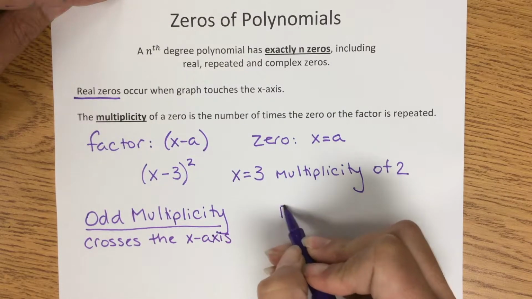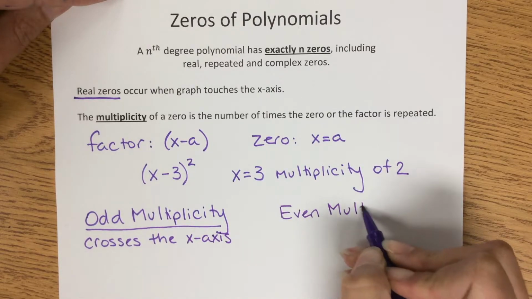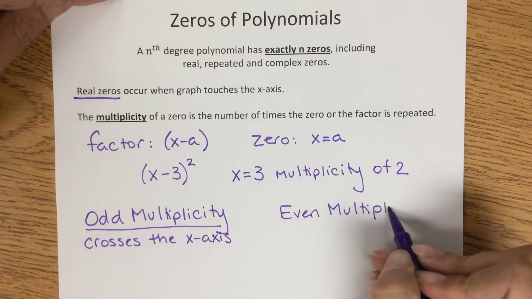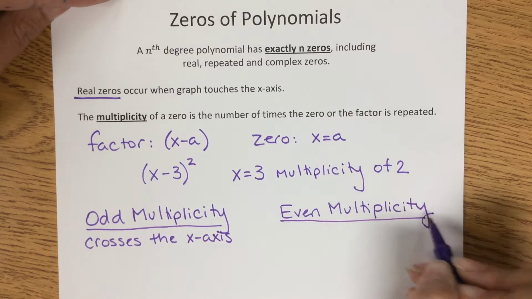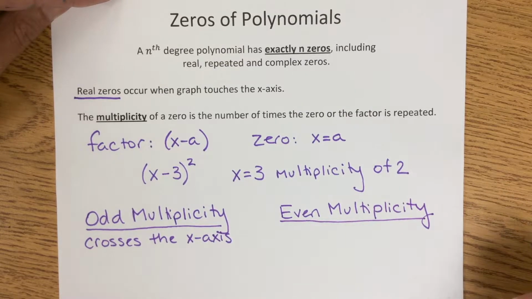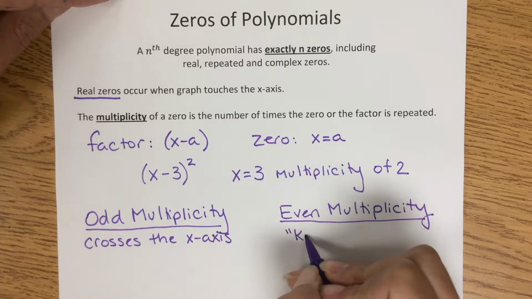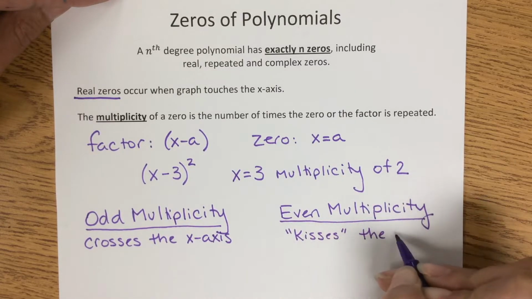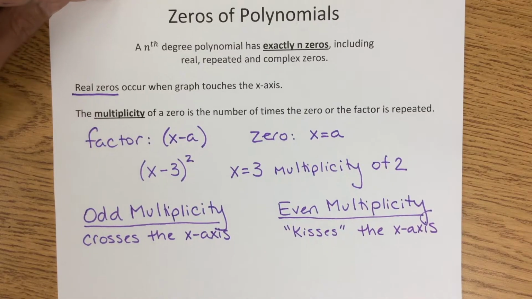If you have even multiplicity, your graph will not cross, but instead will come down and just barely touch the axis and turn back up. I call it kissing the axis. It kisses the axis. Let me draw you a picture.